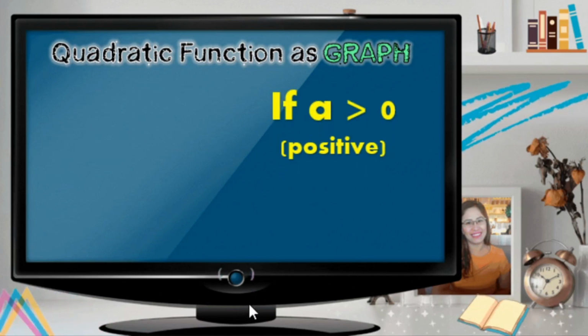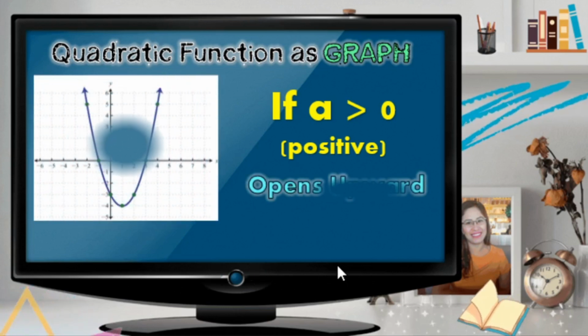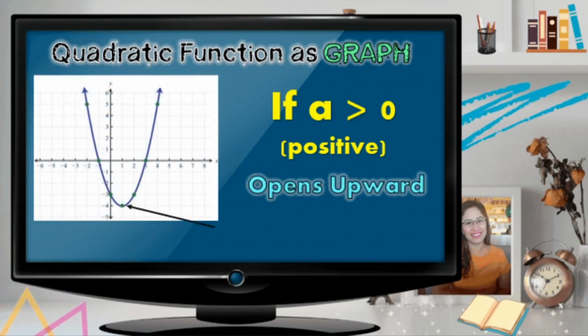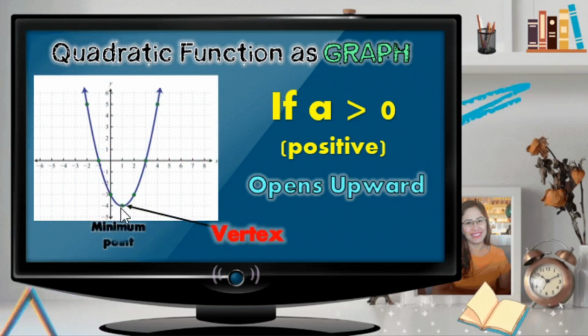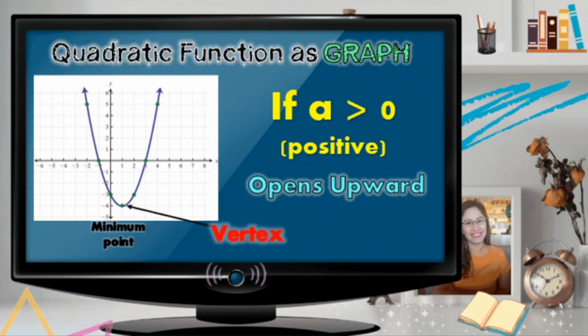If the value of a is greater than 0, meaning positive, for example 1, 2, 3, 4, and so on, our graph opens upward and the vertex is located here. This is also the minimum point of the graph.